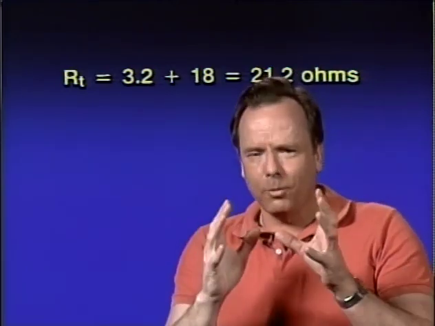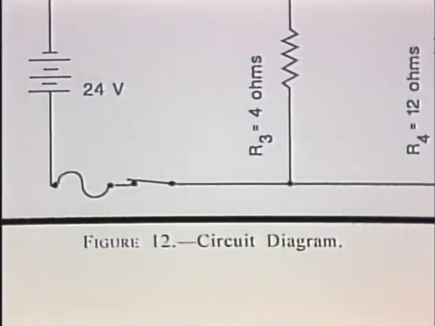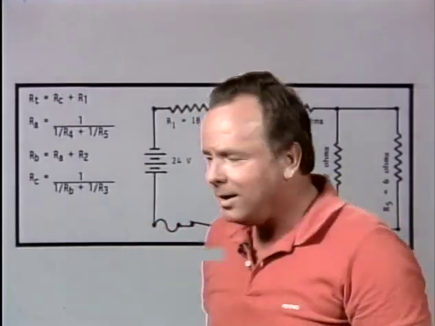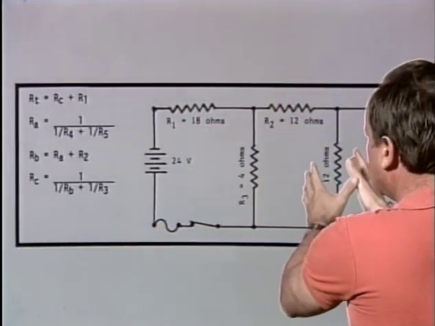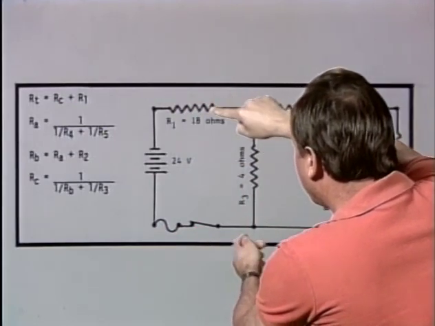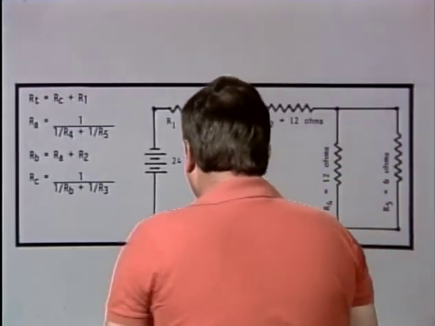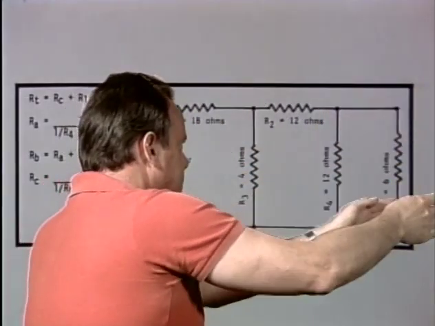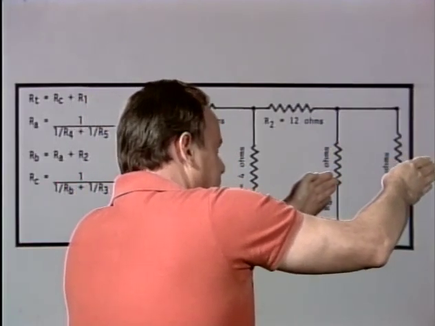Let's one more time look at that drawing to see what we did on figure 12. And what we did is we tried to resolve these parallel paths into a total resistance. We said this is a series resistance. There's only one path here, but now we have two paths. And if we go over here, we have a path with these two together. So we resolved these two right here into a total resistance.